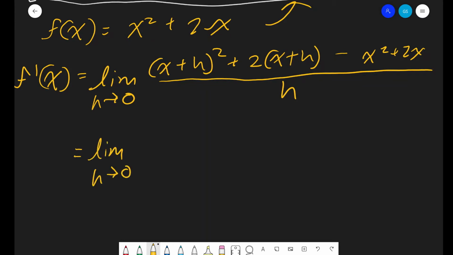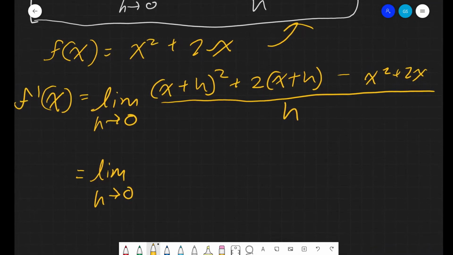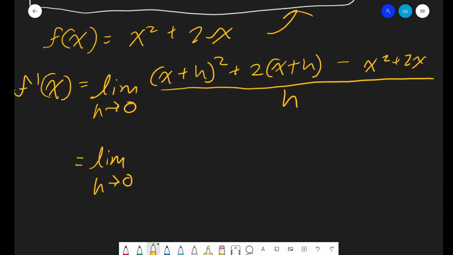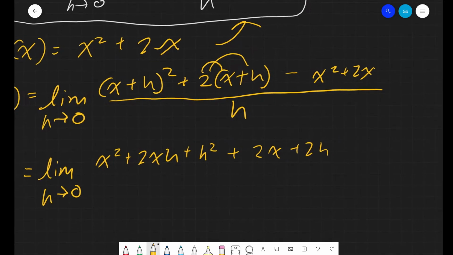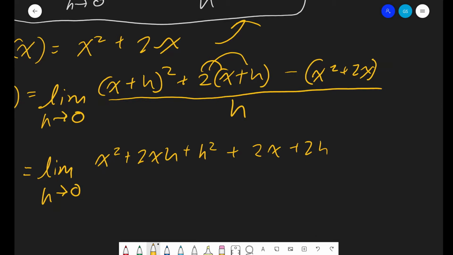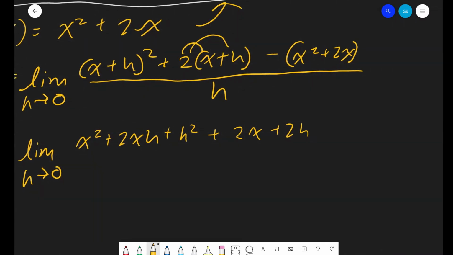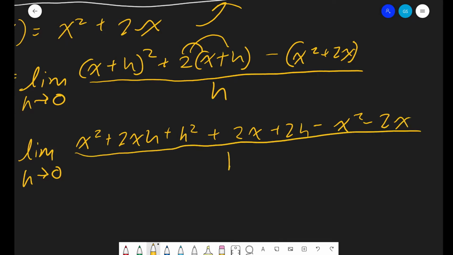So as we progress, the limit of h approaching 0, now we're just going to expand the x plus h squared term. So that's x squared plus 2xh plus h squared, plus we're going to expand this, 2x plus 2h, and I forgot to put a bracket here, apologies, minus x squared minus 2x, because we apply the negative to both of them, all over h.